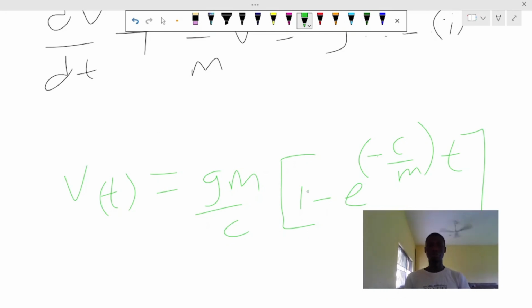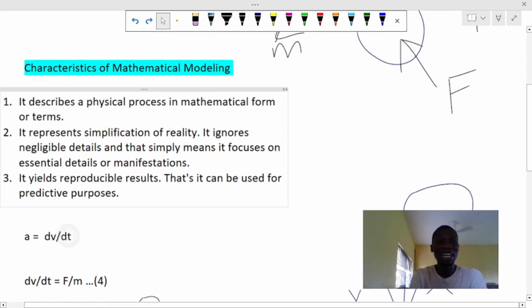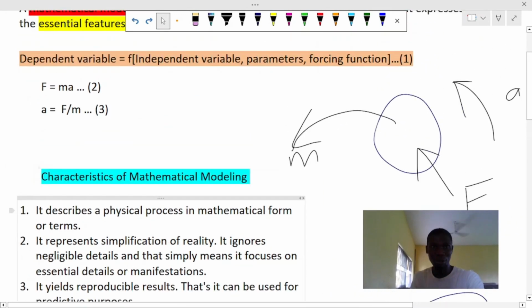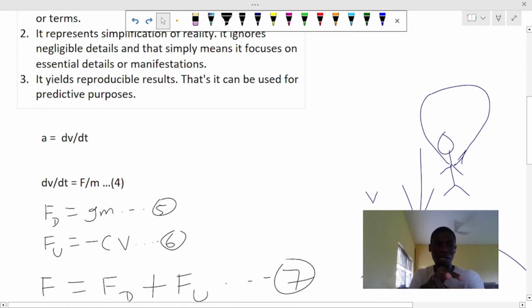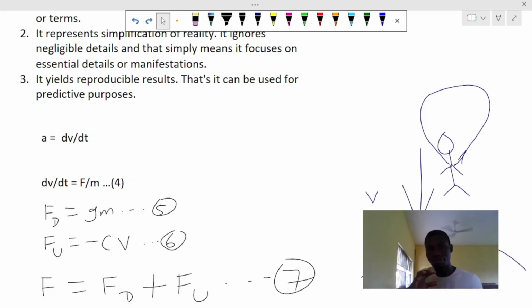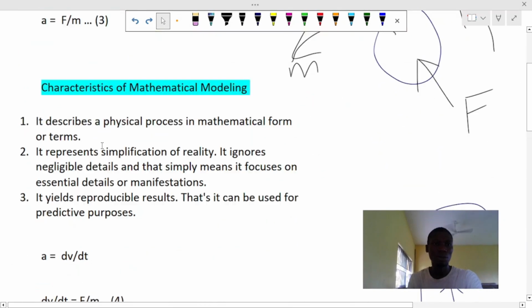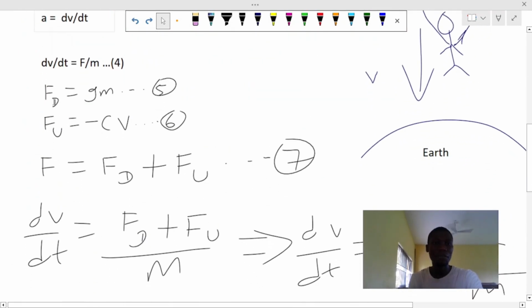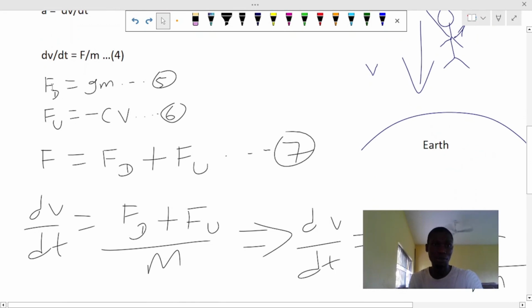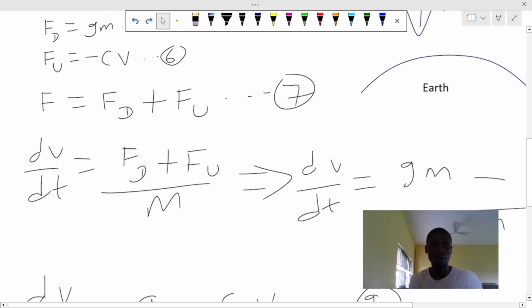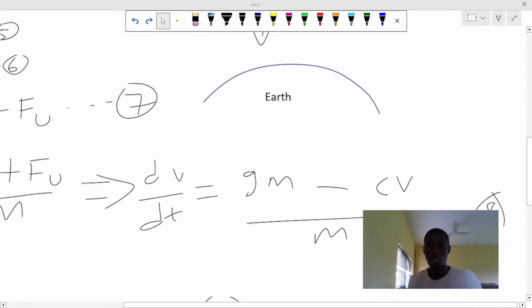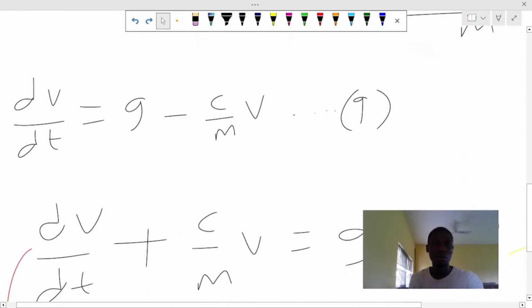As a recap of the recap, from the simple algebraic mathematical model, we got to a complex model by considering acceleration as the time rate of change of velocity, a equals dv/dt. We substituted into equation 3 to give equation 4, then considering the net force, downward force and upward force, substituting back into equation 4 gives equation 8, which simplifies to equation 9.